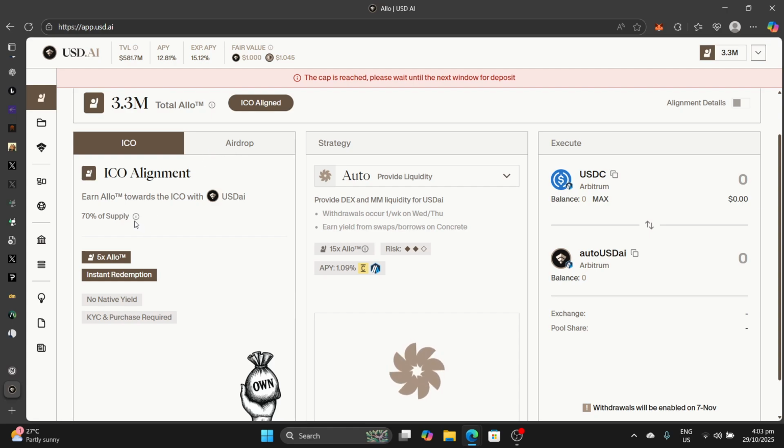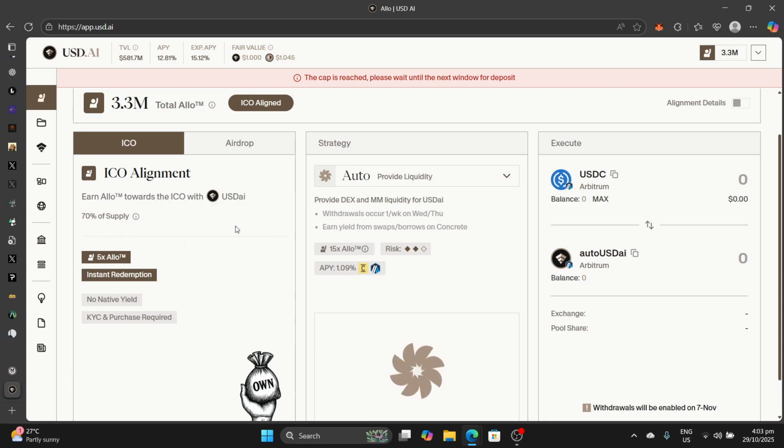Now, a large bulk of the supply dedicated to this campaign is going towards the ICO side, which is 70%. So 70% of the floating supply will be available to purchase via ICO for those who are ICO aligned. Wow. Why does it say for those who end the campaign ICO aligned? Anyway, we'll get to that.